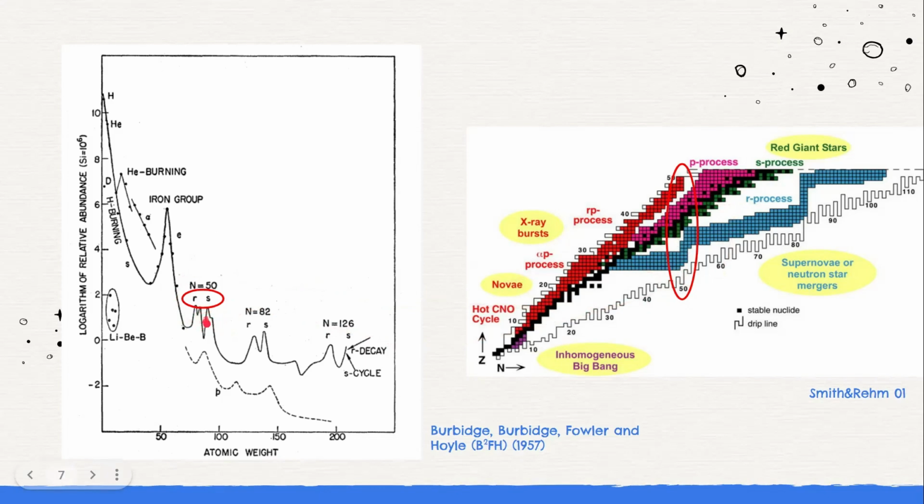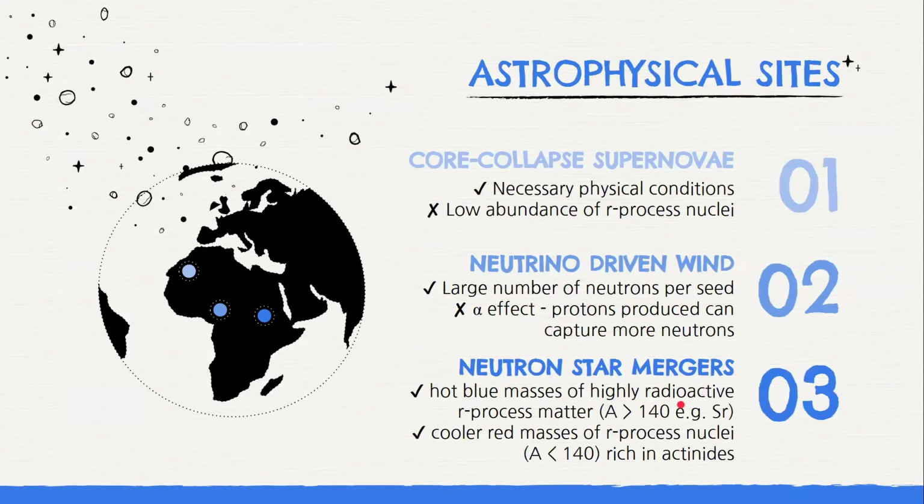There's a shift in the abundance peak, not only at N equals 50 but also at N equals 82, which corresponds to the one here. So this graph is one of the pieces of evidence that the R process does exist in nature.